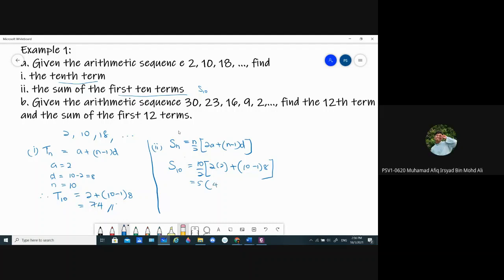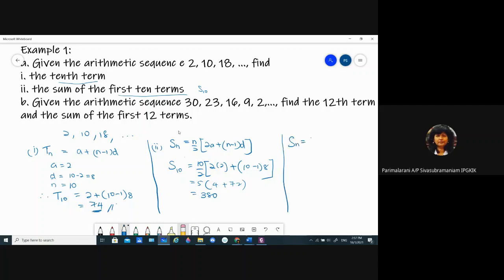5 times 4 plus 9 times 8, which is 72, correct? How much is it? Is it 380? Yes, 380. This is one formula. Since we've already found the 10th term is 74, we can also try the other formula.